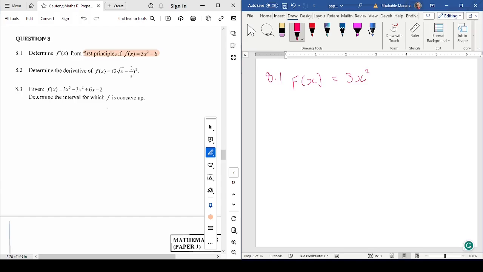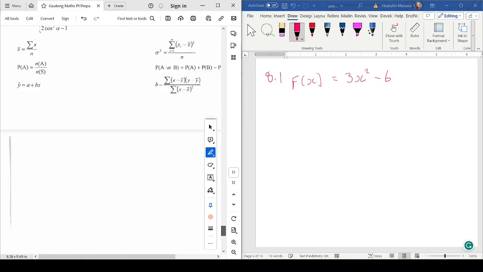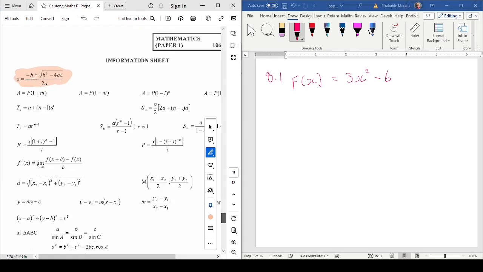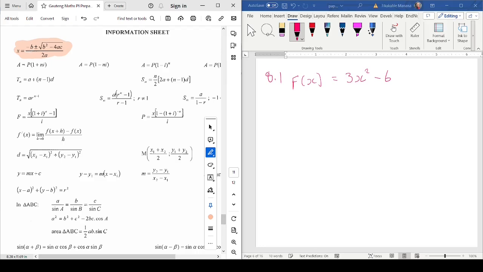3x squared minus 6. Now, do they give you the first principle on the formula sheet? Let me see. Oh, there it is. Yes, there it is. That's the formula right there. So what we're going to do then here is that we are just going to take this part. We want just this part of it, f(x) plus h, so that we do it step by step.